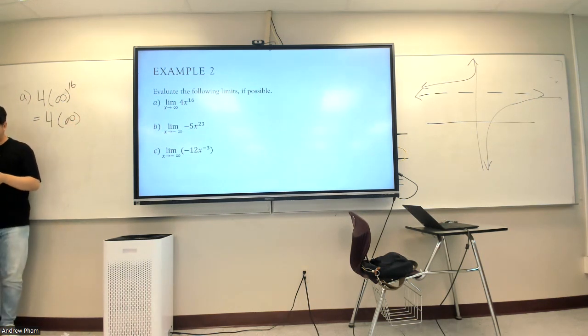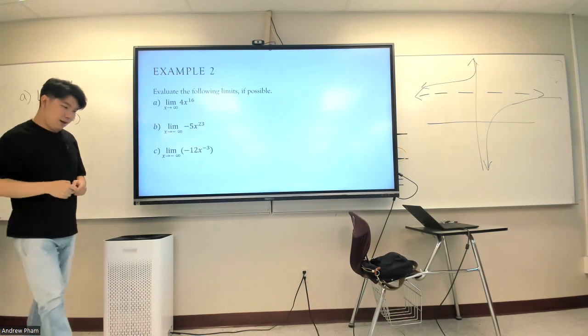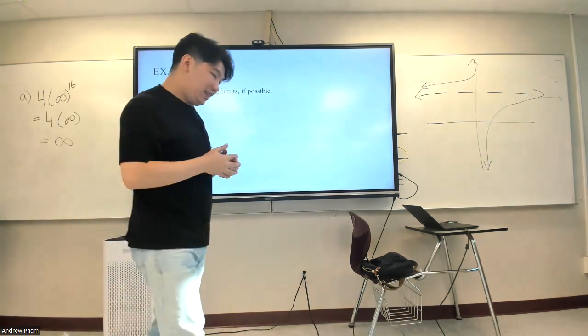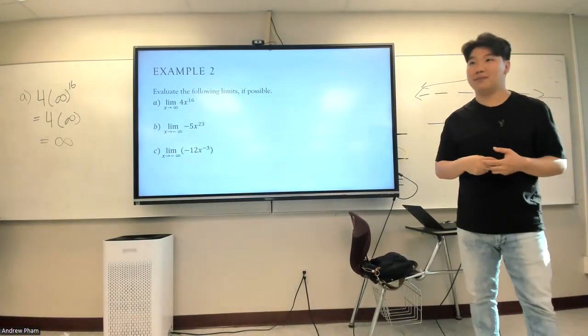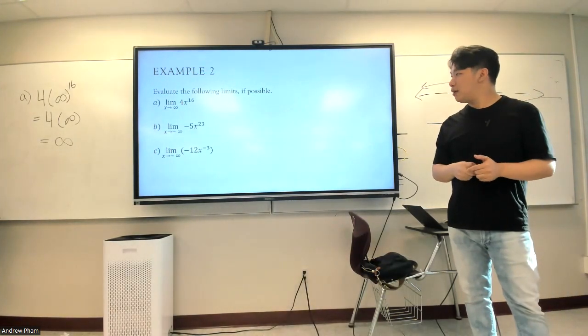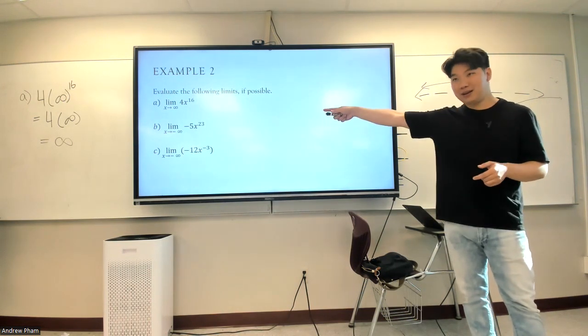What do you think happens whenever I multiply this infinity by 4? It's just an even bigger infinity. All right, so I tried plugging it in and I get infinity, positive infinity in particular. So as it turns out, the answer will be infinity.